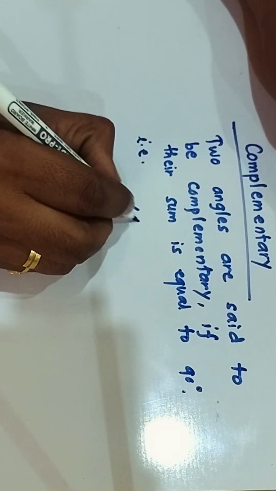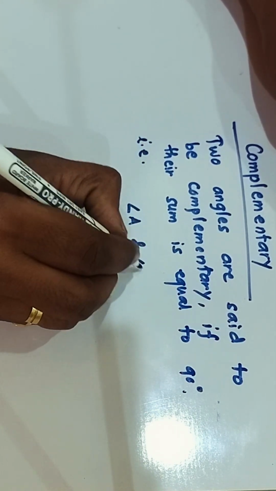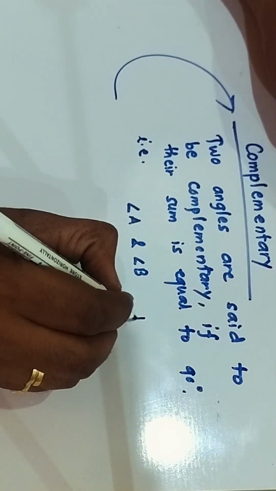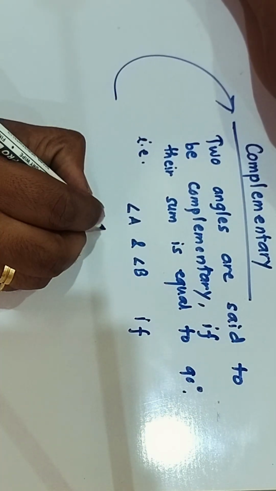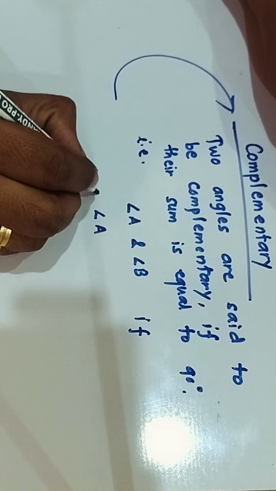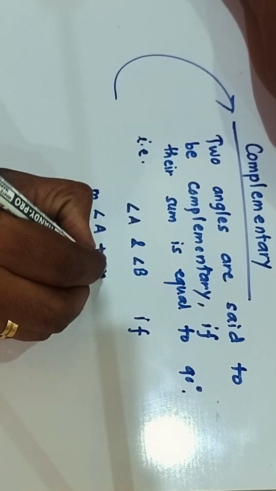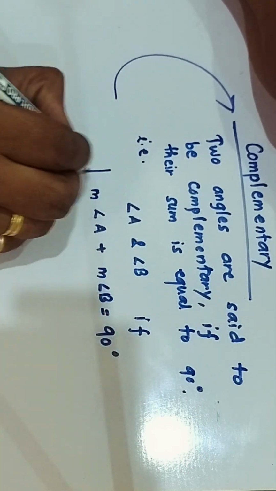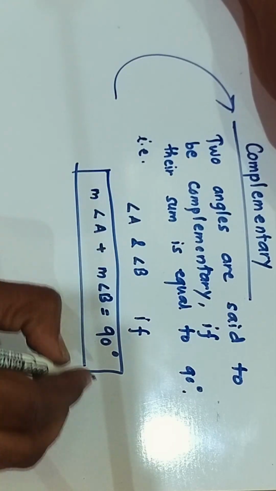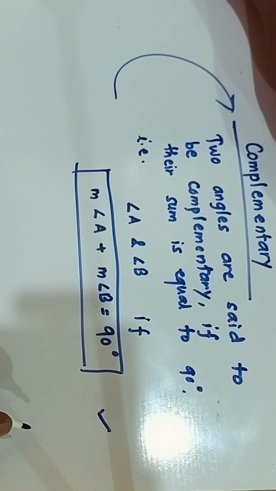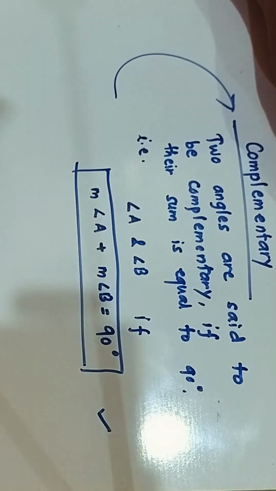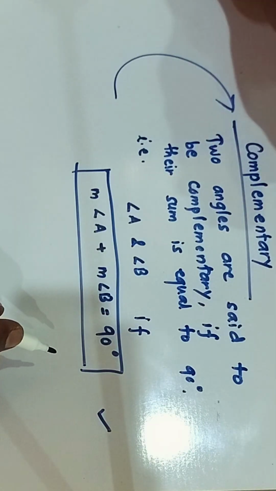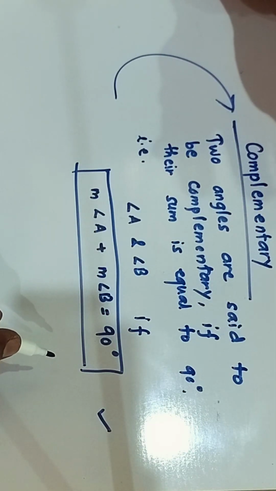That is, angle A and angle B will be called complementary angles if the sum of their measures, measure of angle A plus measure of angle B, is equal to 90 degrees. If the sum of the two angles is equal to 90 degrees, then they are called complementary. 90 is the sum of the measures of the two angles, which is very important.